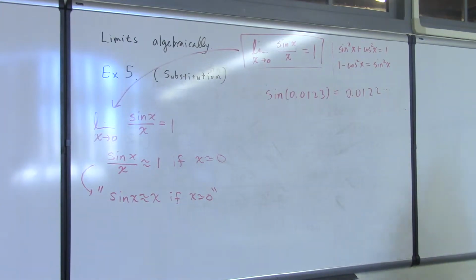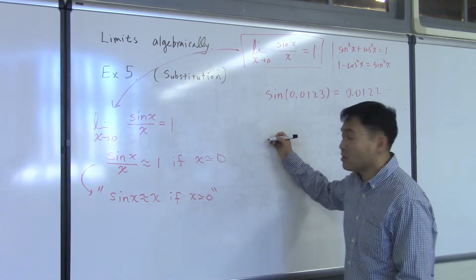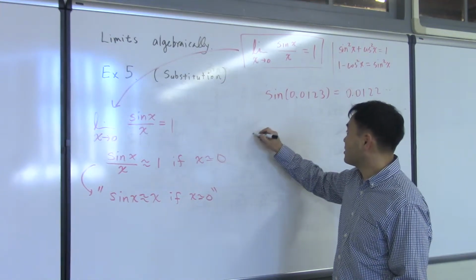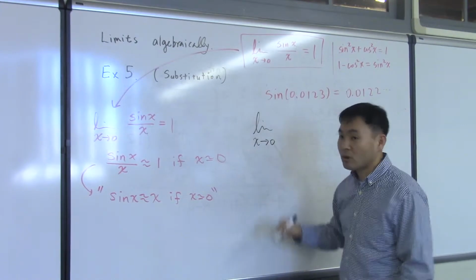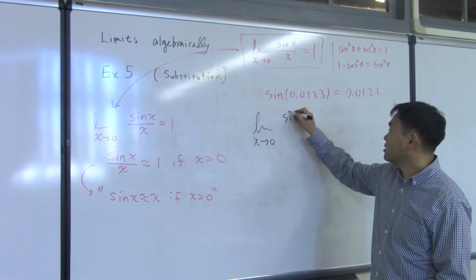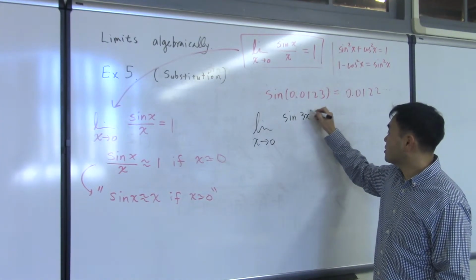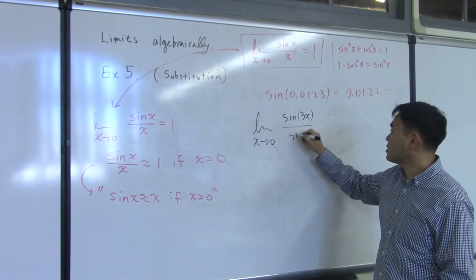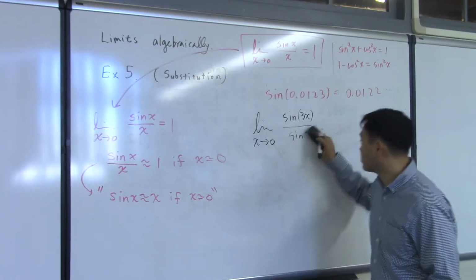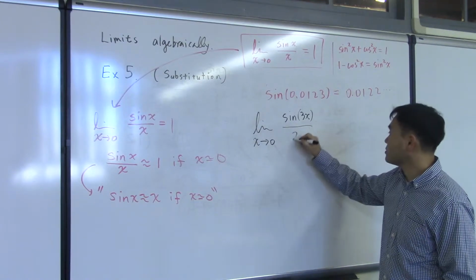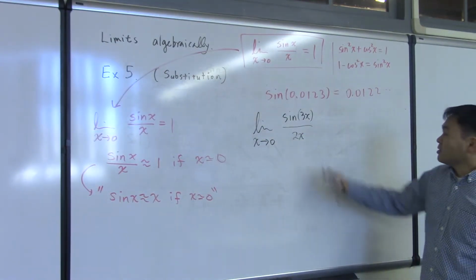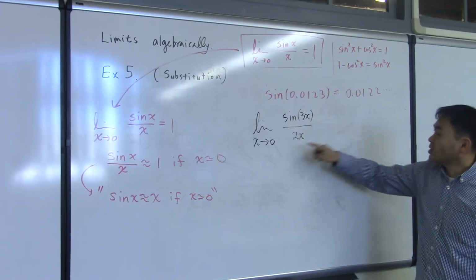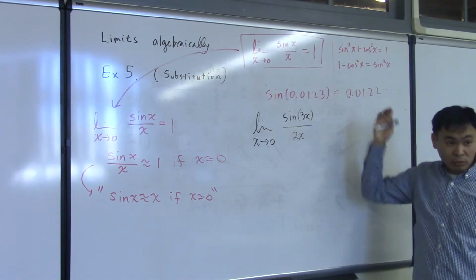If you had that thought, then the previous question can be done a lot more easily. Another way to think about the question we just solved is like this: sine of 3x over 2x. Because x is very close to 0, 3x is also close to 0.